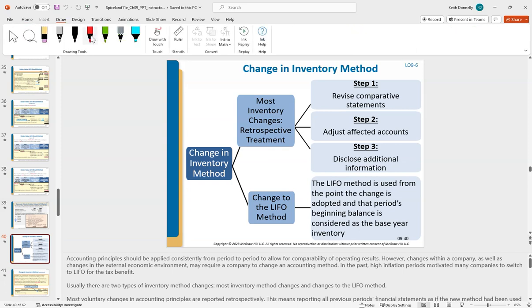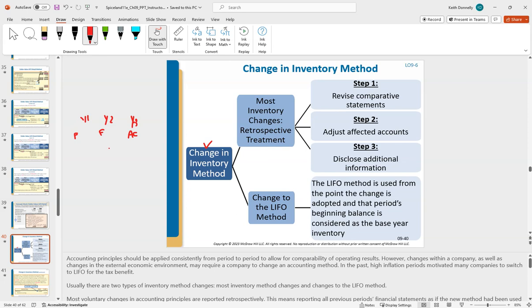Okay, so what happens if we change inventory methods? You think about it, here's year one, here's year two. Maybe we're using FIFO, and then in year three, we want to change to average cost. What do you do here?